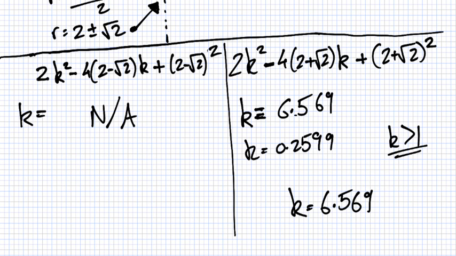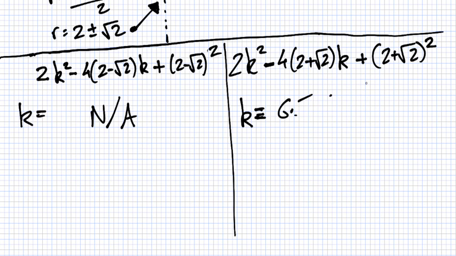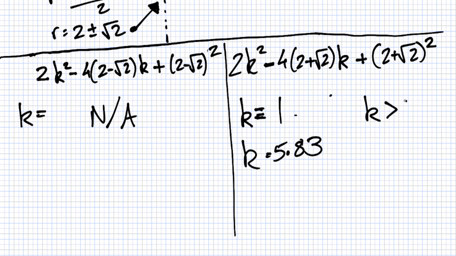Sorry, I actually typed them in incorrectly on my calculator. The first answer is k equals 1, and then the second answer is 5.83. Okay, and because the question says k is bigger than 1, then it's just this answer here that we take.